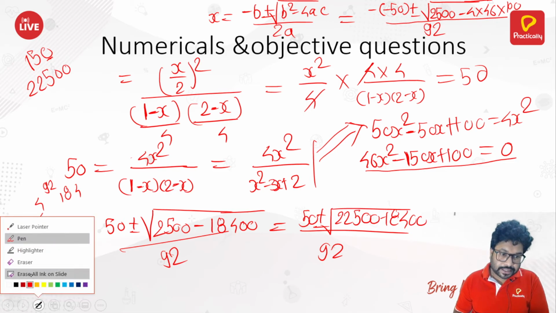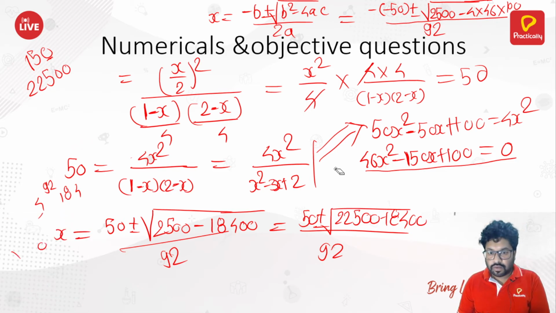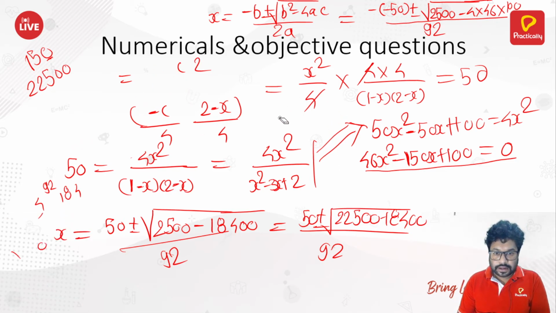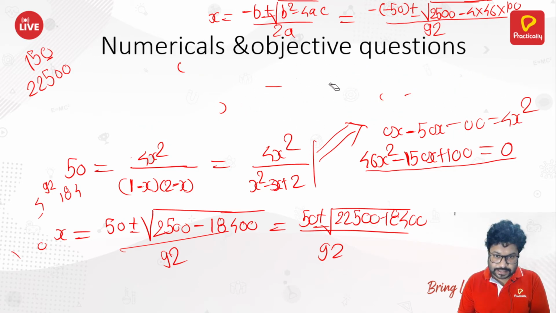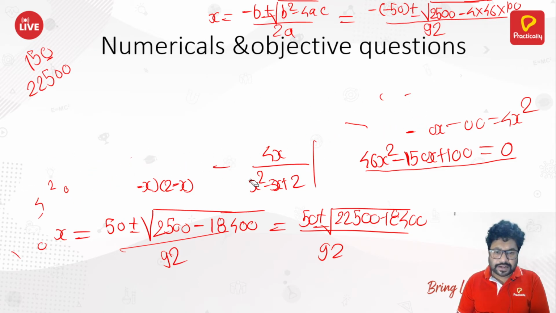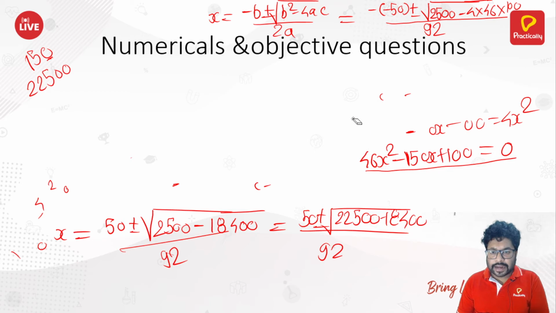Okay, let me make some space again now, here only. I hope we have arrived till here. You must have understood how we are doing this. And as a kid, you also must have done this in your 9 or 10 standard, when you had studied this quadratic equation, right?